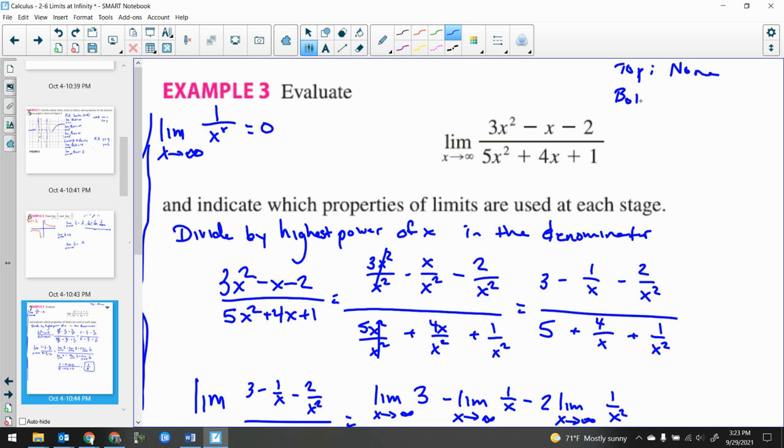If it's bottom heavy, the horizontal asymptote is at y equals 0. And if it's equal, meaning the degrees are equal, then you would take the leading coefficient of the numerator and divide it by the leading coefficient of the denominator. So this would be y equals 3/5.